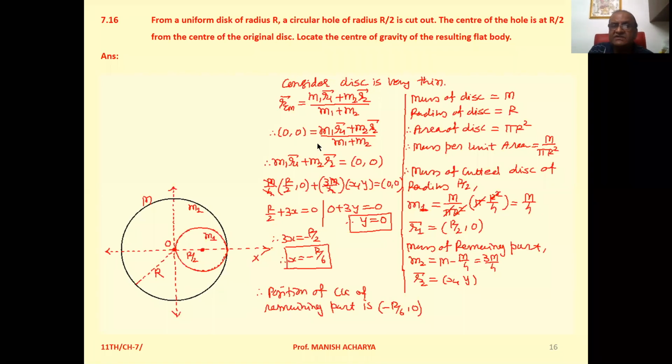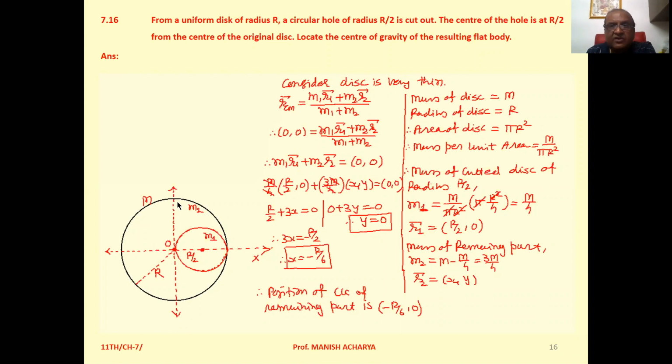Now take m1 plus m2 on the left hand side. So we can write m1 r1 plus m2 r2 equals 0, 0. Now m1 is the mass of the small disk, r1 is the position of the center of mass of that small disk, m2 is the mass of the remaining part, and r2 is what we want to find, the position of the center of mass of the remaining part.